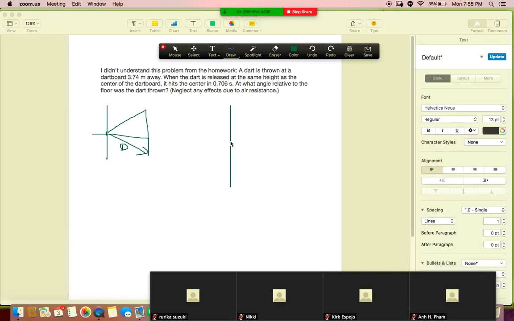But let's say you have a different situation. You have a lady, and then she drives her car. This is north, east, south, and west. And then she leaves the post office and goes north. And then she turns around, she goes north of east, right?